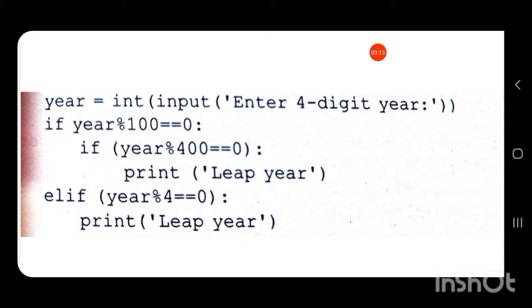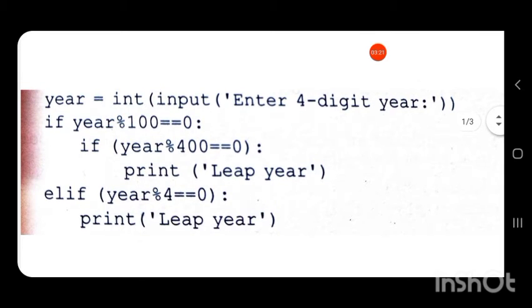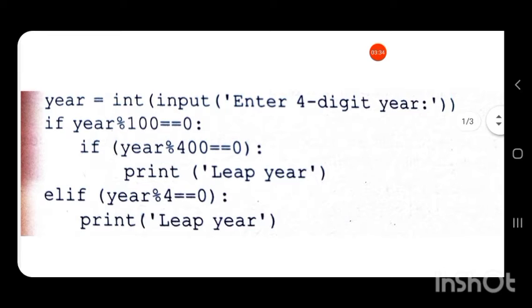When the user enters a 4-digit number, the program will check whether it is a century or not, because if it is a century, we calculate whether it is a leap year by dividing by 400. If it is not a century, we divide by 4 only. So first we check whether the entered year is a century.